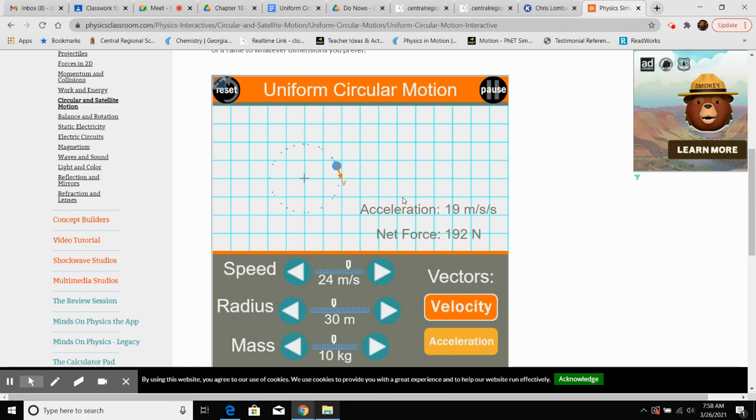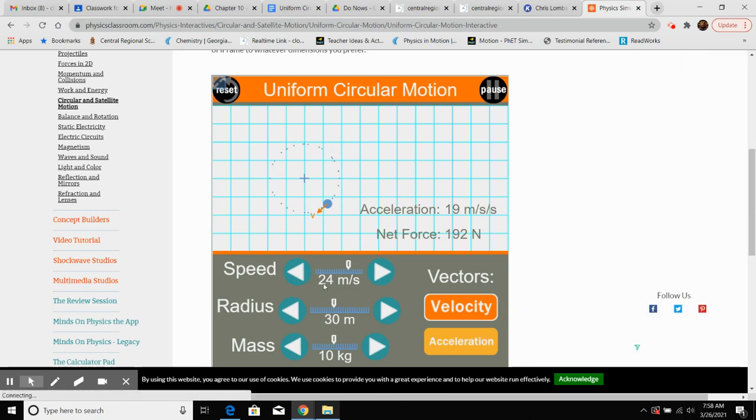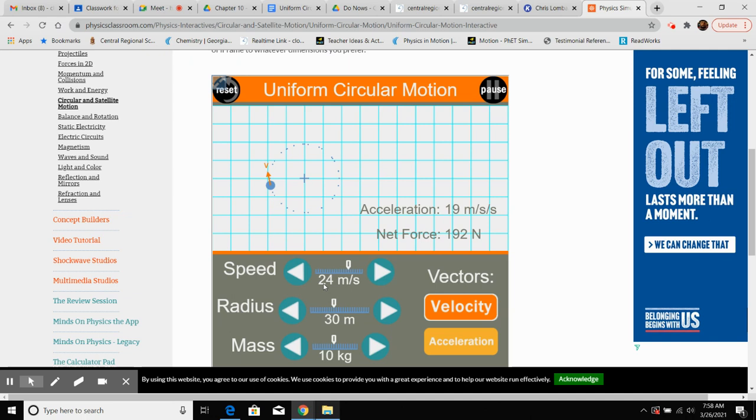It's indicating that value, which we have right now set at 24. So that part of it is not changing. But what about the direction? It's exactly right. It's constantly changing. Okay, so you're going to put something along those lines in there for your answer.